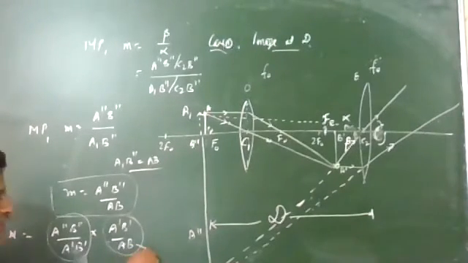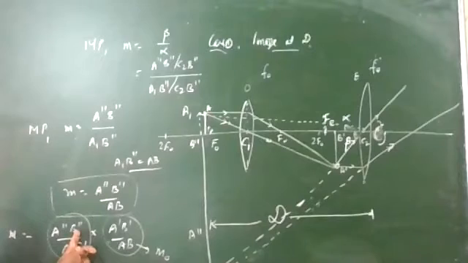I am writing it as the magnifying power of the objective. What is this A double dash B double dash? This is the final image formed by the eye lens, and A dash B dash acts as the object for the eye lens. So this is for the eye lens: image divided by eye lens object, or the magnification of the eye lens.